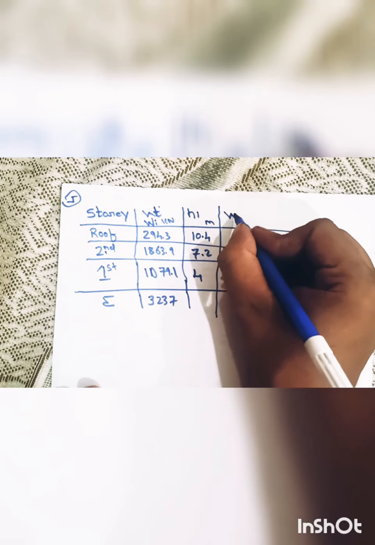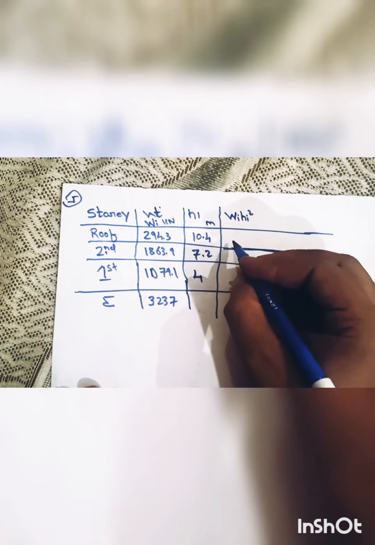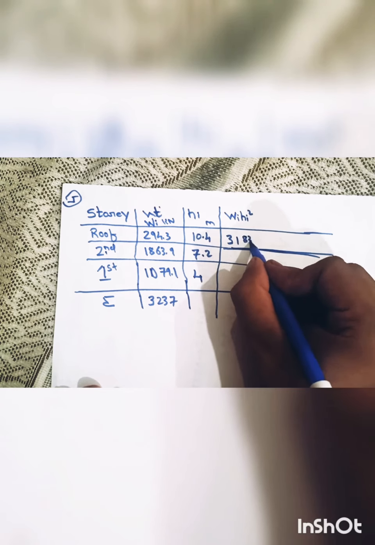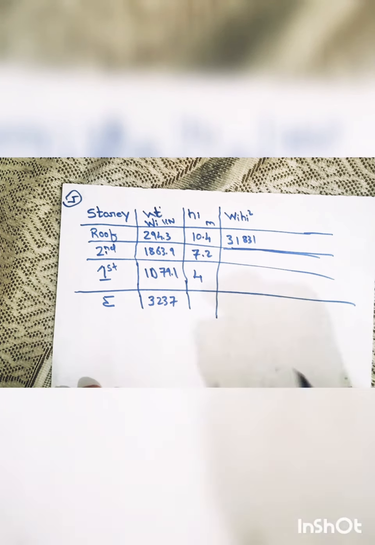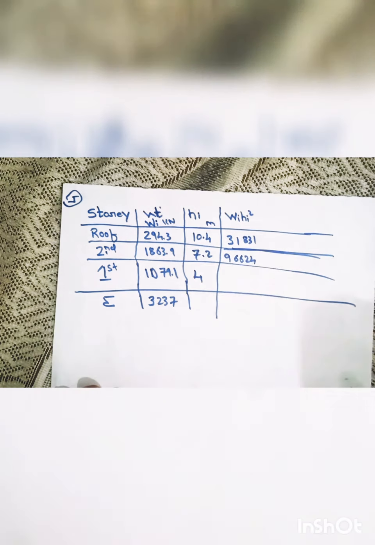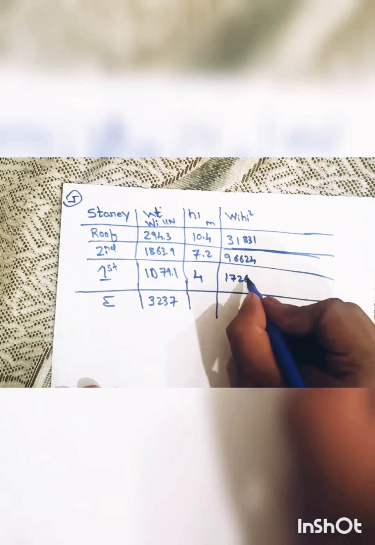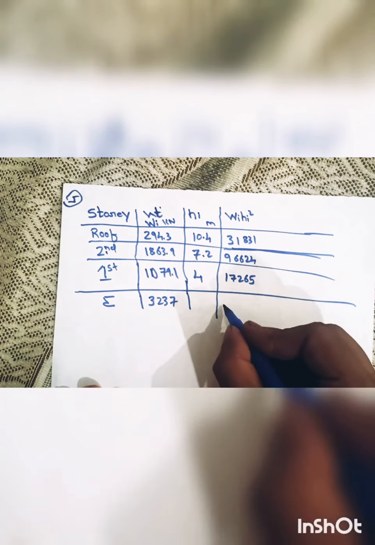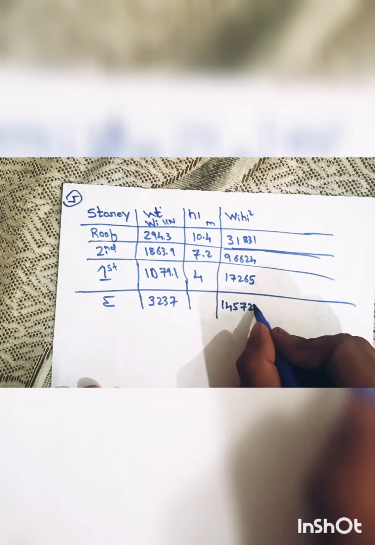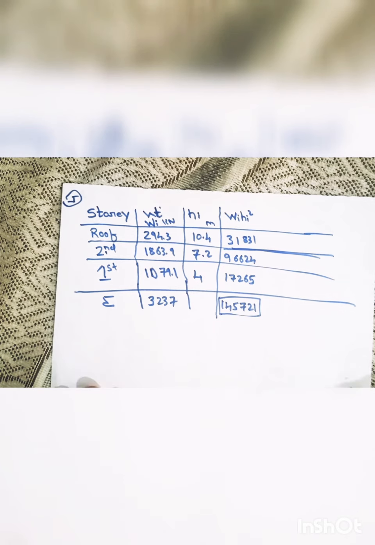Then Wi into hi square, that is this into this square, I will get the values 31831 here. Next 96624. Next 17265, and its total is 145721. This is the total summation.